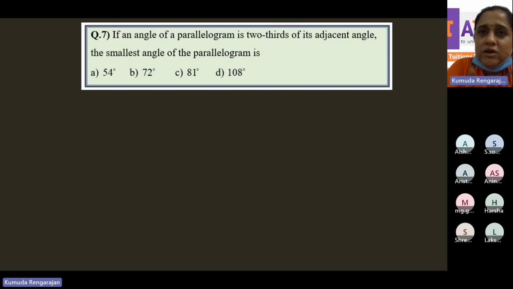If an angle of a parallelogram is 2/3 of its adjacent angle, the smallest angle of the parallelogram is?